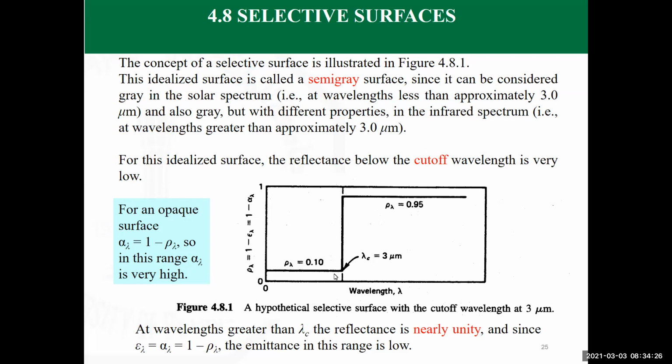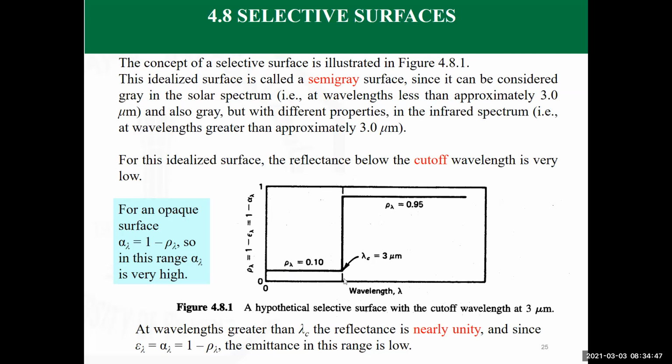It's coming from the energy of the sun. And you can see here that the value of rho is low, which means that the value of alpha, which is the absorptance, is about 0.9 for such a case. So it is absorbing 0.9 or more of the energy falling into it.